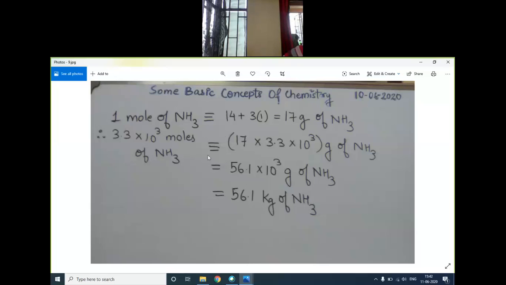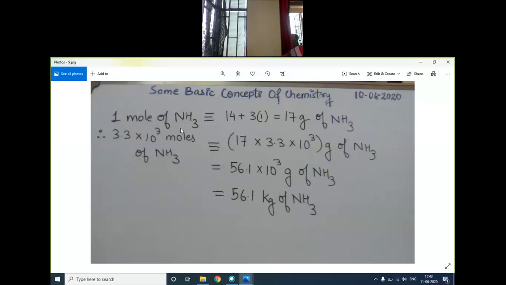So this is one problem based on limiting reagent. First of all, we have to identify the limiting reagent. And after the identification of the limiting reagent, we will calculate the amount of product, because the amount of product depends upon that limiting reactant only, not on other reactants.